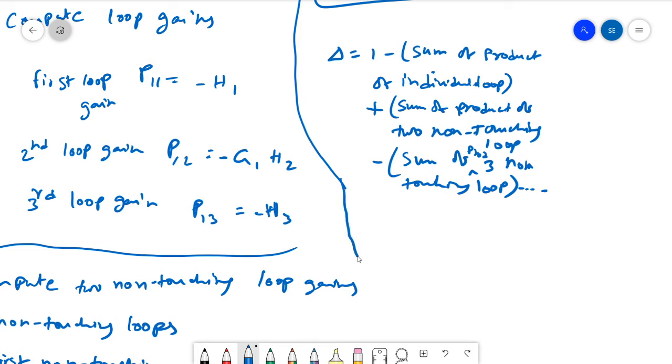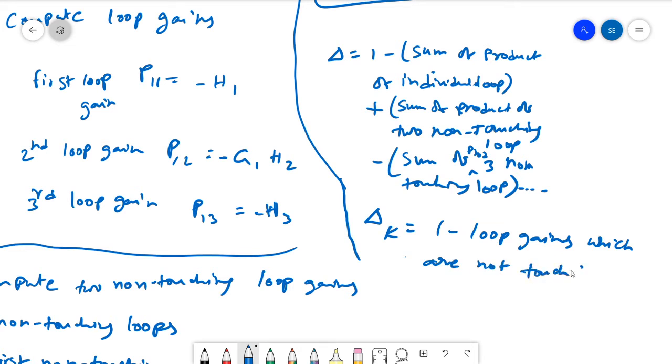Del k is equal to 1 minus the loop gains which are not touching the kth forward path.